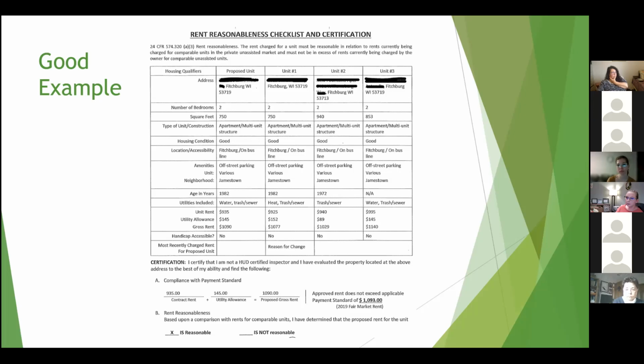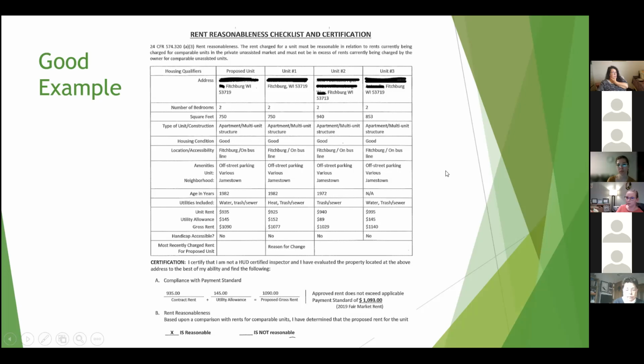But as long as it's a comparable location, it doesn't have to be the same zip code. That's probably convenient, but we want to try to make it easier for you, honestly. As long as it's similar areas, it's going to be fine.